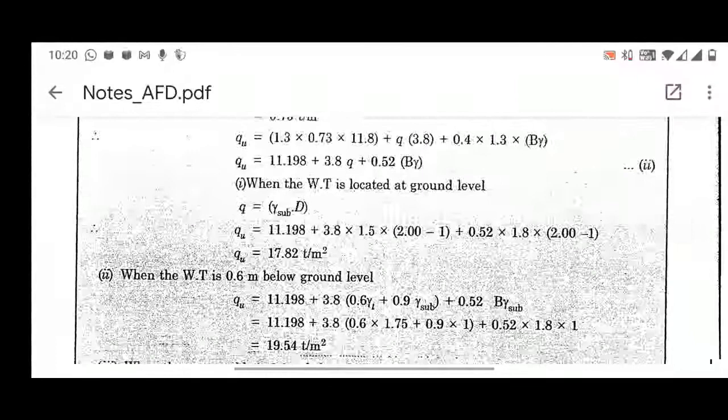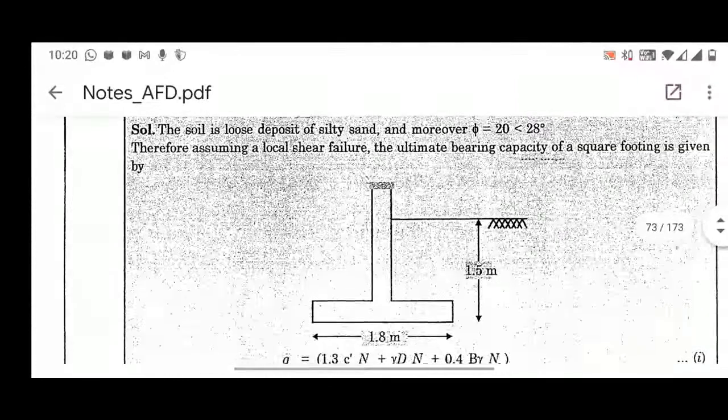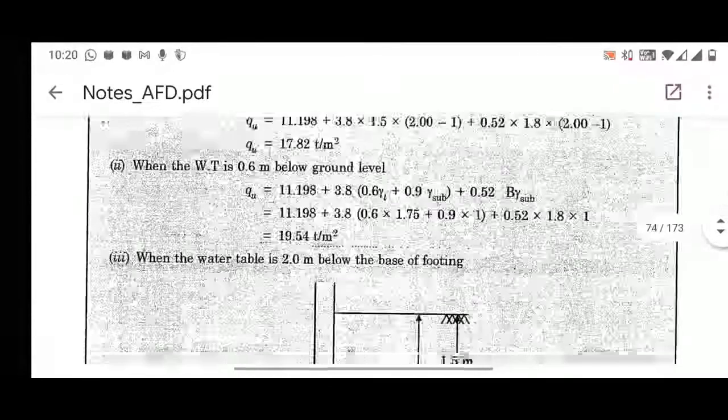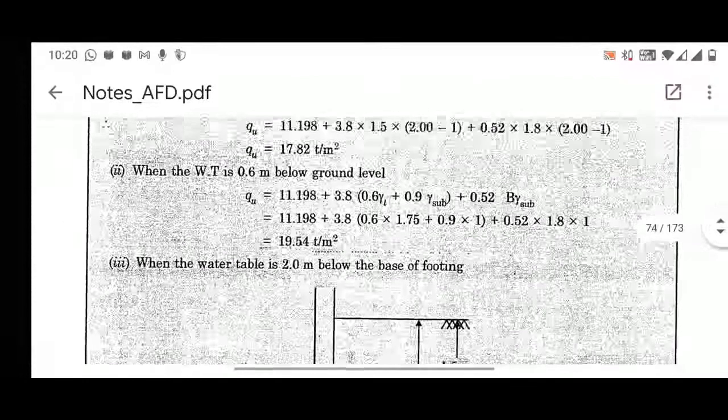So y into gamma t, that is 0.6 into gamma t, plus another term, 1.5 minus 0.6, that will be 0.9, that is 0.9 into gamma submerged. That is what is written.